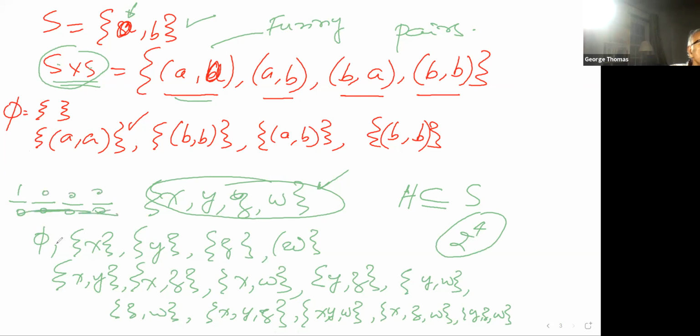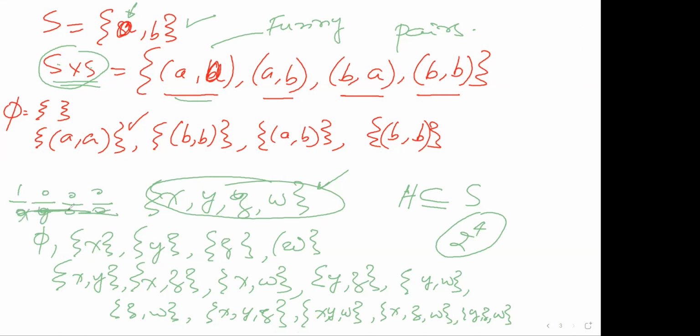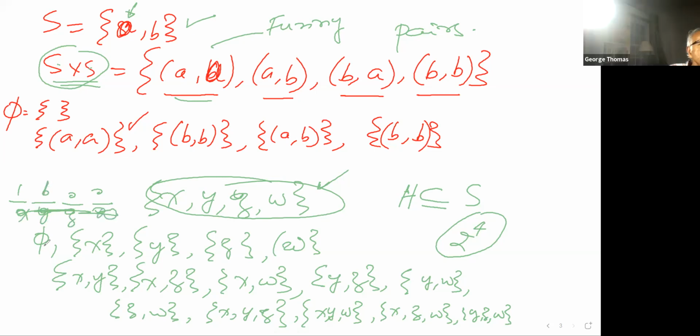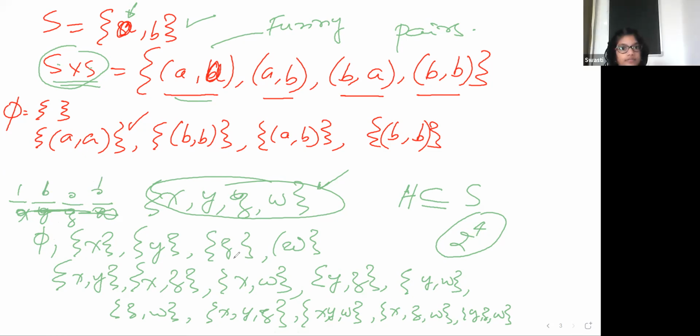If you put 1 here and 0, 0, 0, what do you get? X. So let's say this is X, Y, Z, W. If you put 1, 1 here, what do you get? XY. If you put 1 here too, what do you get? XYW. Yes.